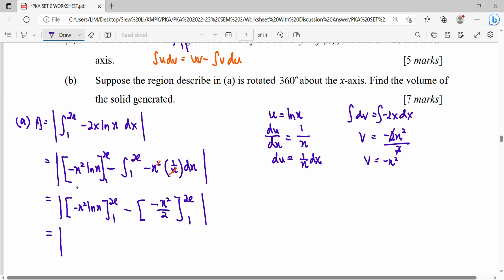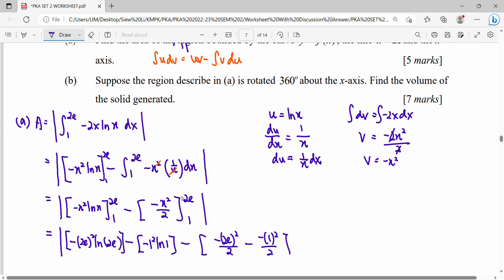So for this part, 2e squared ln 2e minus, substitute 1, 1 squared ln 1. Then minus for this second part, minus 2e squared over 2, then minus 1 squared over 2.